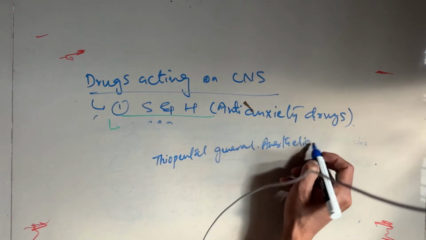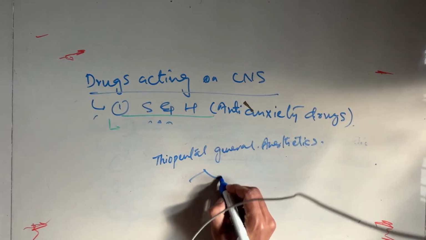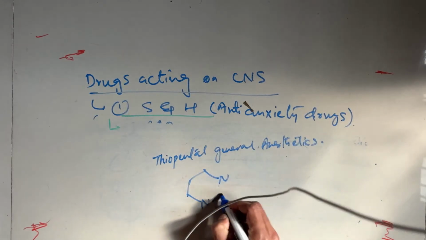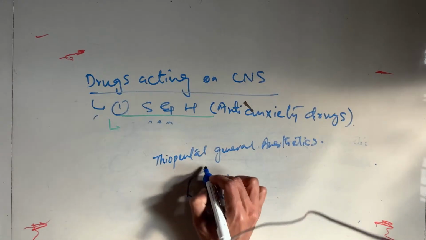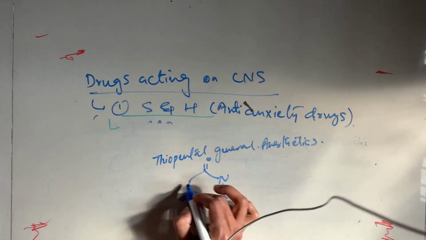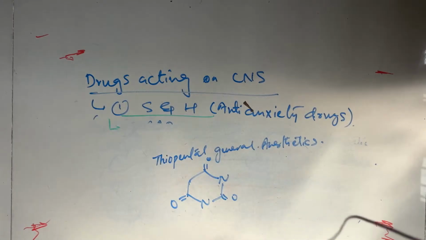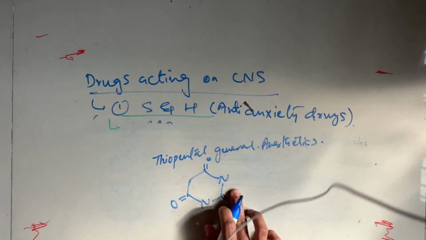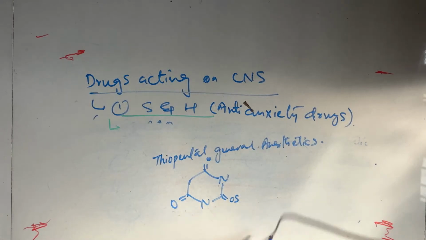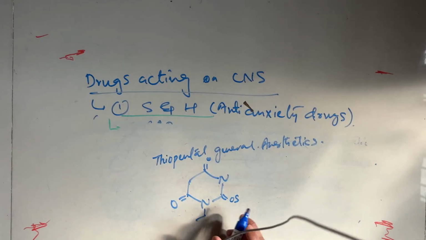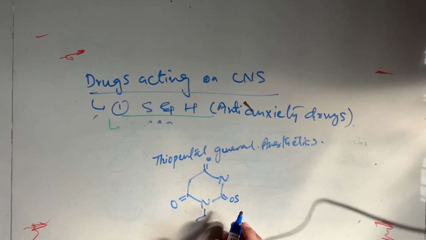What is the structure of thiopental? Again the pyrimidine ring will be there. In that, double bond O will be there, three times. Now in that case, one of them will be substituted with S, thio.